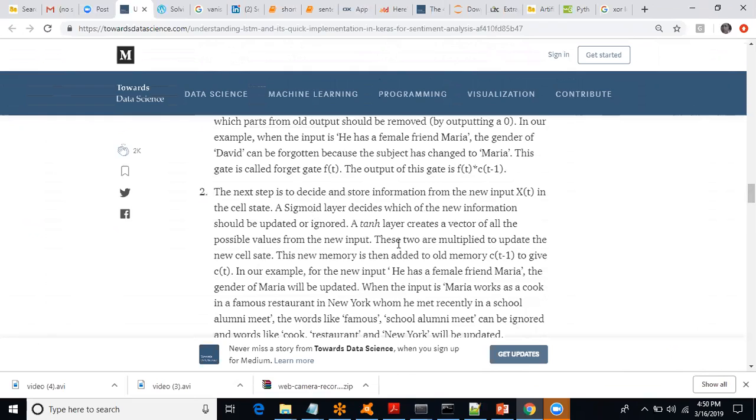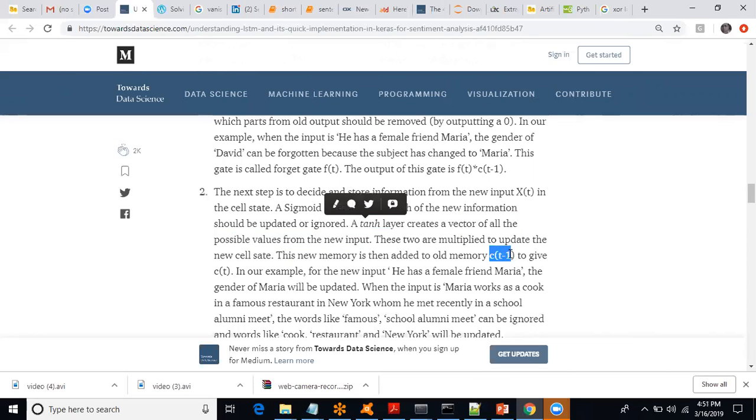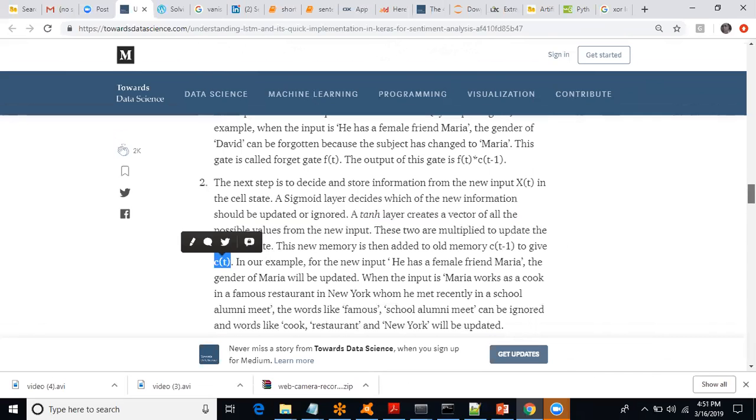So the new memory is added to the old memory c of t minus 1 to give c of t. The new memory we have created has a vector of all possible inputs, and this is multiplied with c of t minus 1 to get your c of t. Which two are multiplied? f of t and c of t minus 1 are multiplied. Then which two are multiplied again?